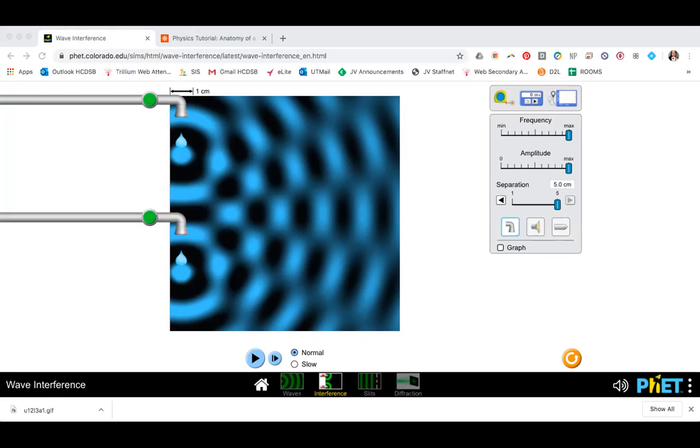But if we're talking about light or other waves on the electromagnetic spectrum, not mechanical waves, we can't determine the wavelength very easily. But we can do an experiment with light, take a picture of the interference pattern, draw your nodal lines, and you'll be able to calculate the wavelengths of the sources.